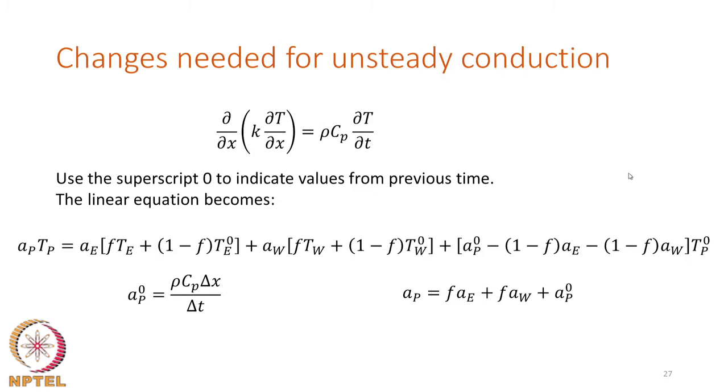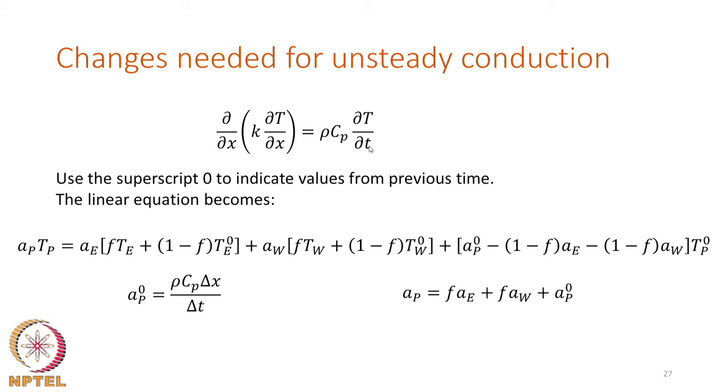And once we have this, we can see what changes will be required in the coefficients in case we are interested in unsteady conduction, which means that we are now adding one more term, and instead of the source term, we are now trying to add the unsteady conduction. The difference between unsteady conduction and conduction at steady state is as follows.